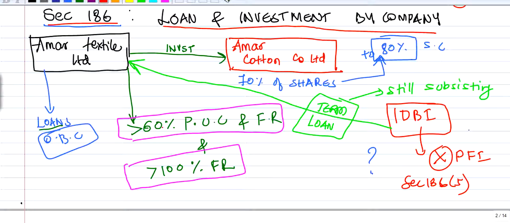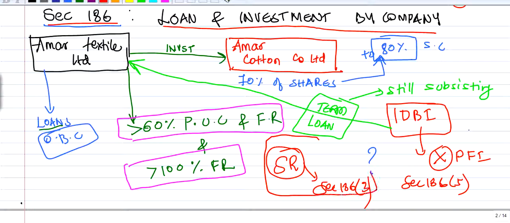In this case, they exceeded the 60 percent and 100 percent of free reserves; they wanted to increase by 10 percent, and they can do so after the special resolution given under Section 186(3). Yes, they can do so after a special resolution. In the case of this term loan, no problem.